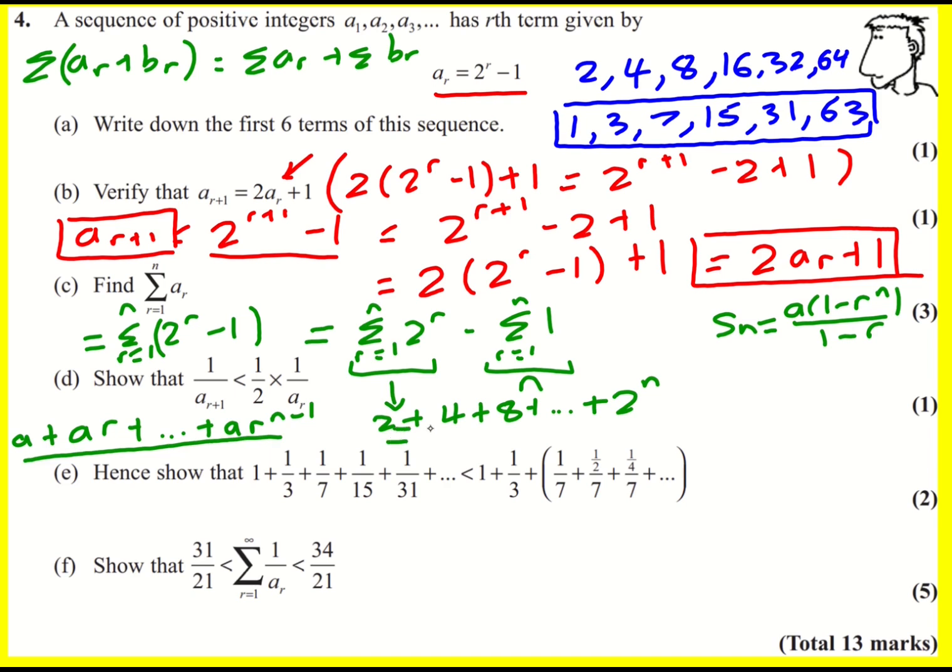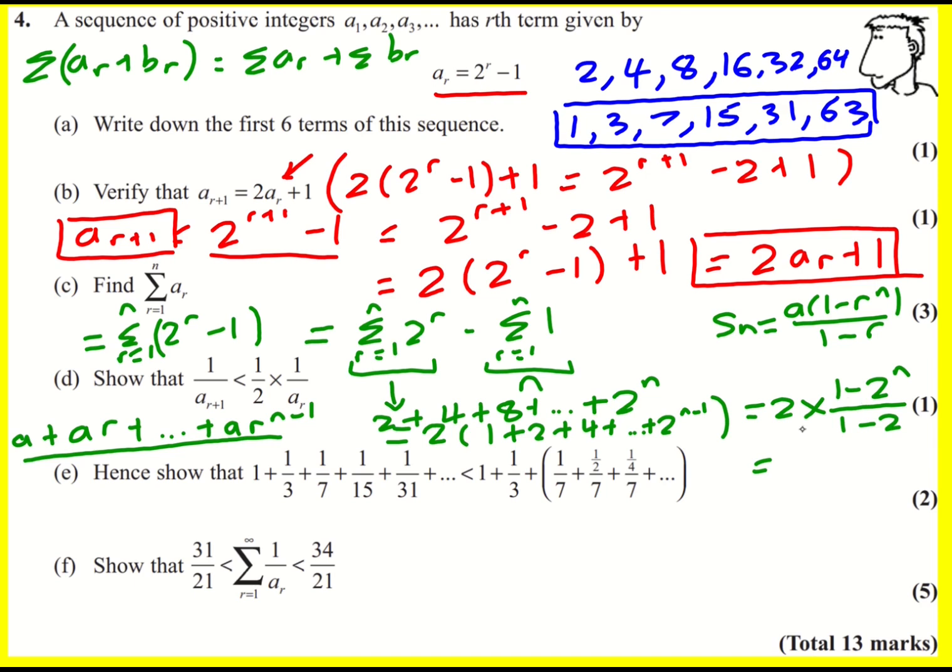And so what I can do is factorize out the 2 to give 1 plus 2 plus 4 and then up to 2 to the n minus 1. Now it's in the right sort of form. So it's going to be 2 times a is 1, and then r is 2, so 2 times (1 minus 2 to the n) over 1 minus 2.